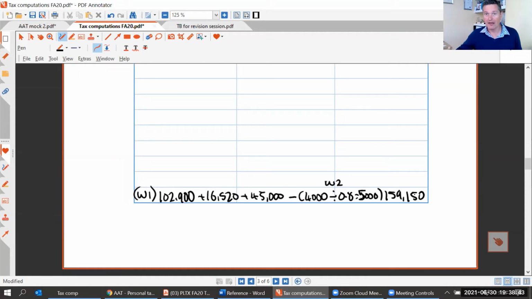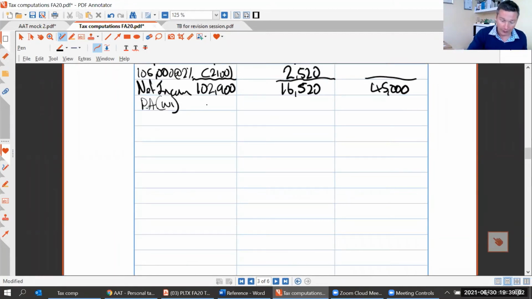There is going to be no personal allowance. Effectively, once that adjusted income figure hits £125,000, half of that is £12,500, the excess above £100,000. There's no personal allowance. So here we have no personal allowance.